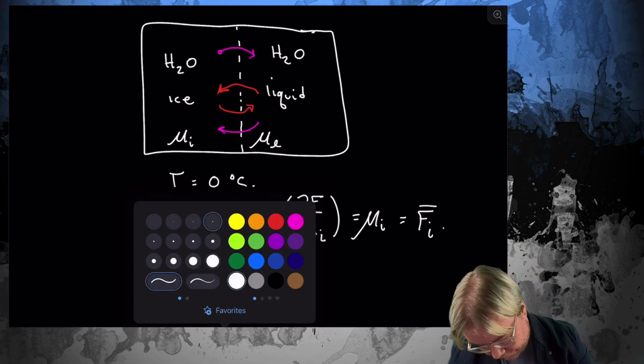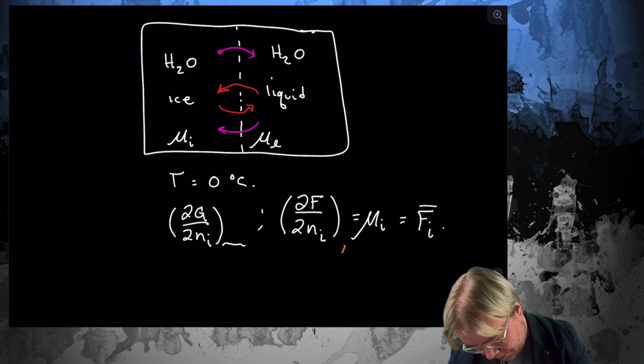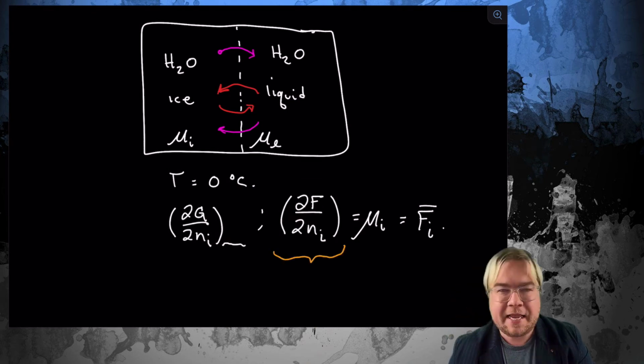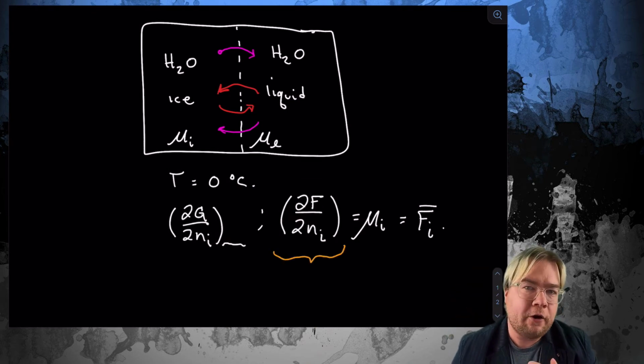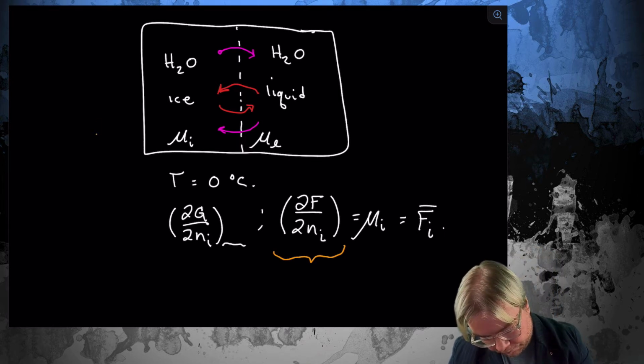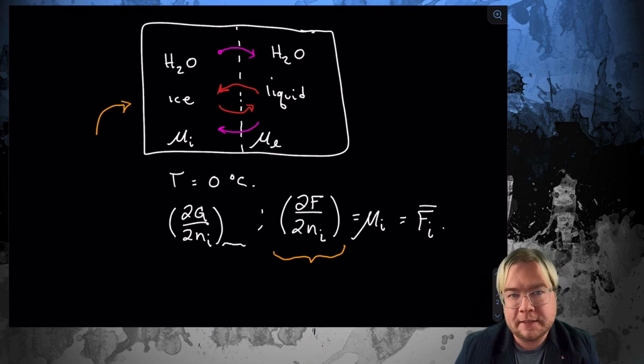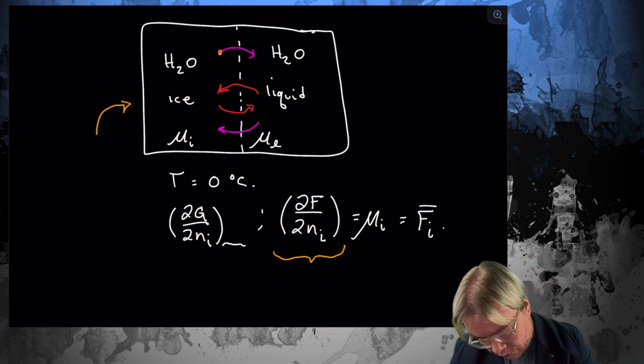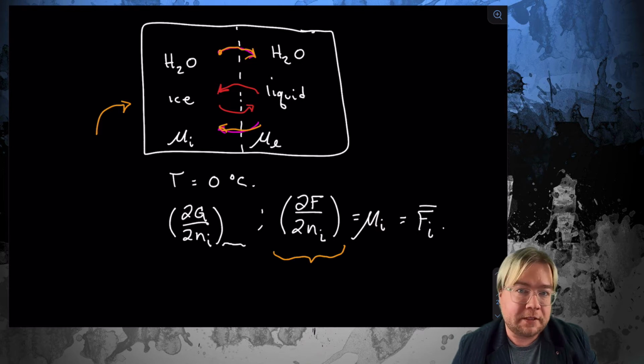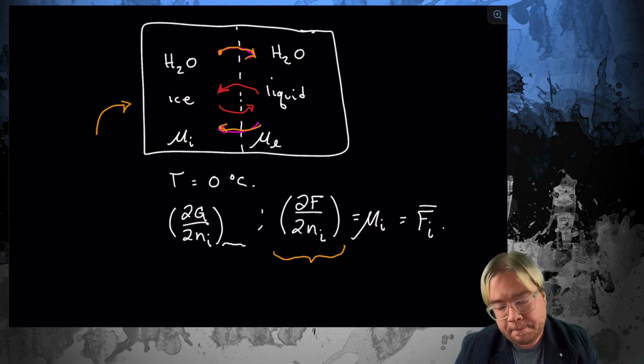This derivative is telling me that the chemical potential is how much the free energy changes when I add or remove a particle. So if I consider this example that I started with, if the chemical potentials are equal between the phases, then the free energy of the system will remain the same if a particle moves from the ice phase to the liquid phase and vice versa, because the free energy of the particle in those different phases is the same.